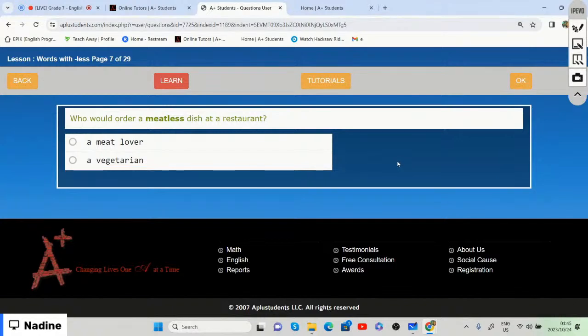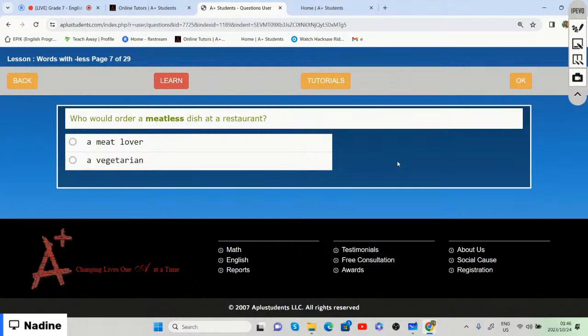Who would order a meatless dish at the restaurant? Is it a meat lover or a vegetarian? Meatless, sorry. Is it a meat lover that would order a meatless dish or a vegetarian?